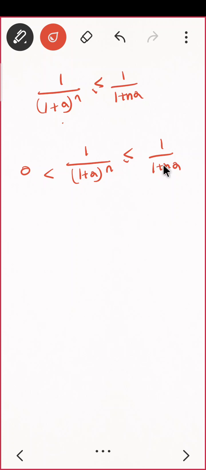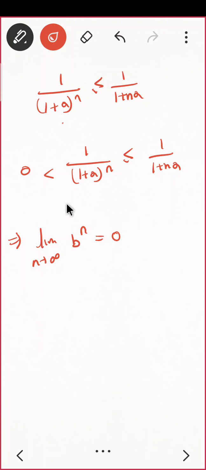This guy is going to 0 and this is a 0 sequence. Correct? So what is your conclusion? This is b raised to n, limit n tending to infinity, b raised to n equal to 0. That is what I wanted to prove.